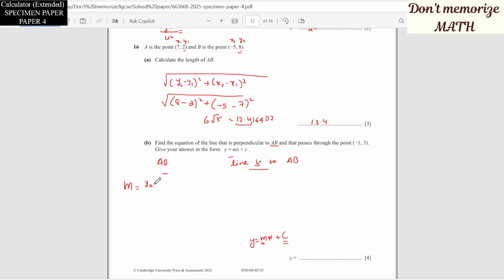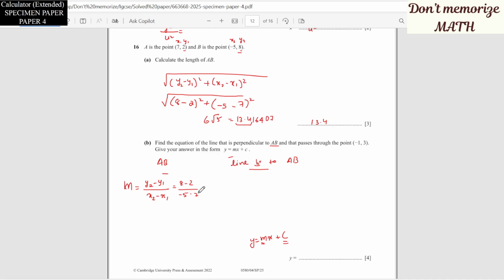Gradient formula is (y2 minus y1) over (x2 minus x1). I'm talking about AB. You can choose any 2 points on AB. It's already given 2 points, so you can use these. y2 is 8, so 8 minus y1 is 2, so 8 minus 2 over x2 is minus 5 minus x1 is 7.